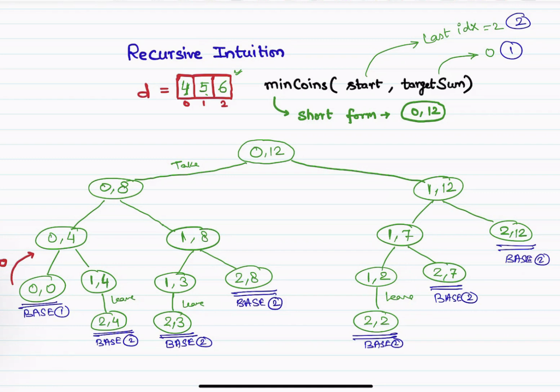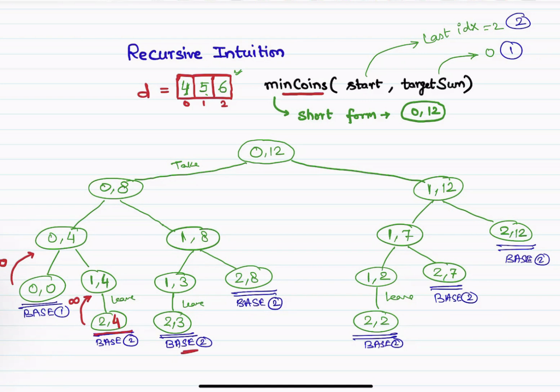Now, coming to base case 2, if we are at index 2, looking for a target sum of 4, we know that in no possible way can 4 be made using 6 rupee coins. So here we have to choose a value to return. Keep in mind a simple funda: whenever you are finding minimum coins, it's better to return infinite, the maximum value here. So we will return infinite from this side.